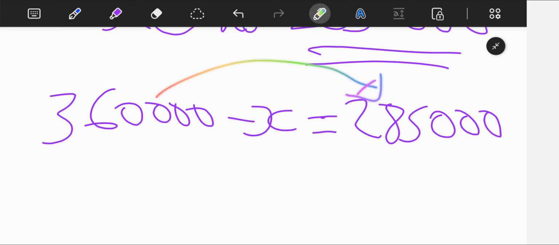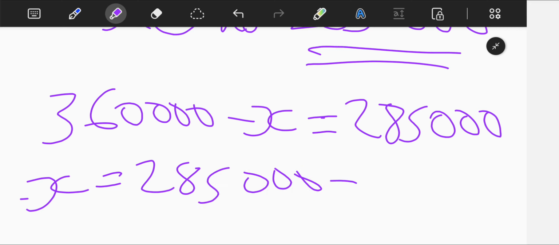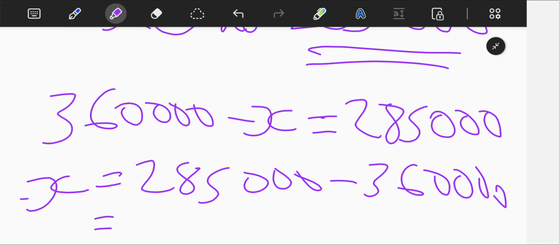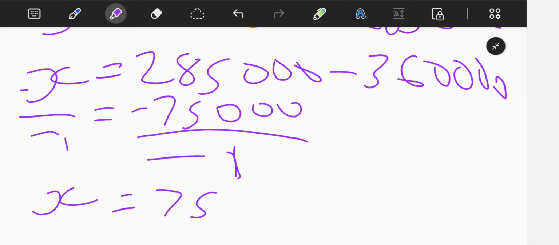Negative x is equal to 285,000 minus 360,000, and then our x is going to be 285 minus 360, negative 75,000. We divide both sides by negative 1, and then our x is 75,000.